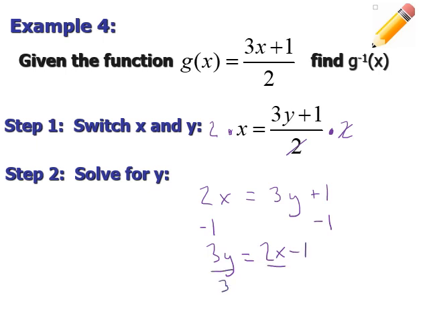And my last step, to get y by itself, I have now found the inverse. That should be g inverse of x is 2 over 3 x minus 1 over 3.